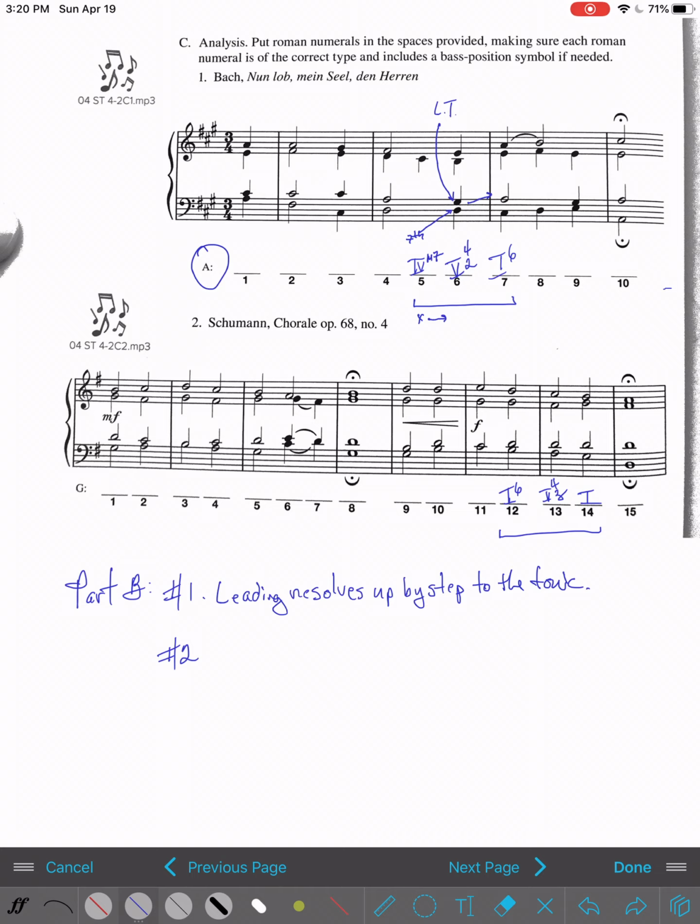So what you would do is you'd say something like: the 7th is approached by a suspension figure and resolves down by step to scale degree 3.